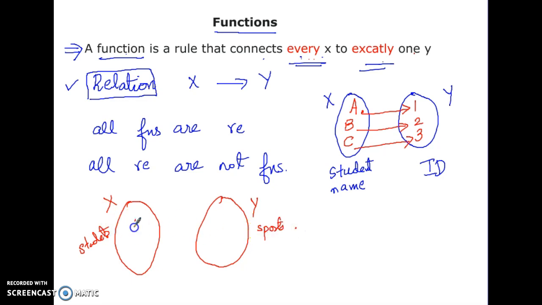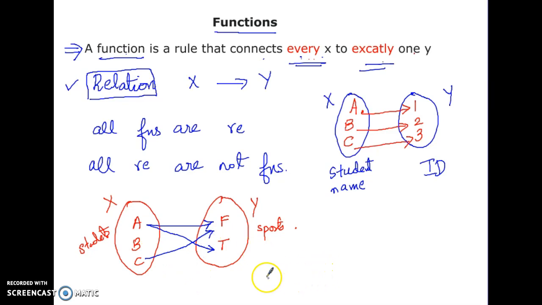I have three kids in my classroom, A, B, and C, and I have two games, football and track. A plays football and also does track, and C plays football.